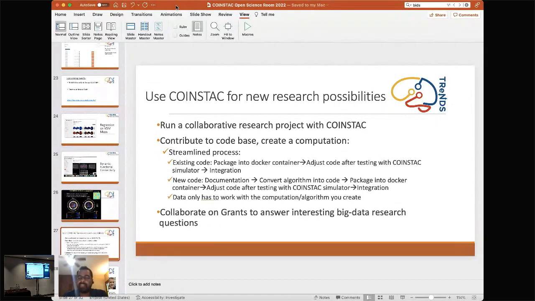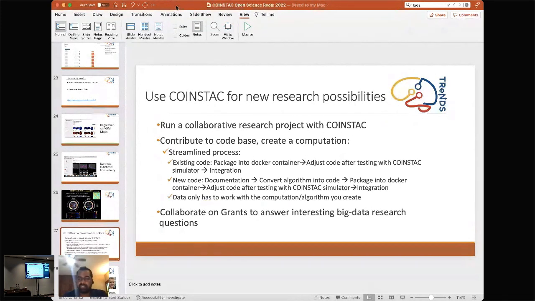If an organization has an already developed computation that they want to include in COINSTAC and run a study on that with other people, we can accommodate that as well. The standardization of the data is only needed to the degree to which the algorithm itself is able to run.